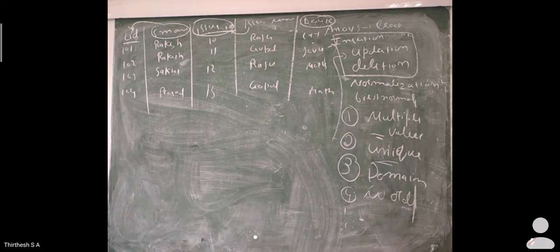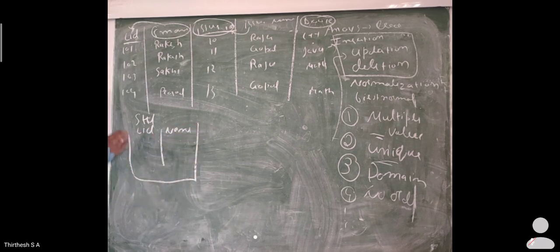When there is a non-partial attribute which is not a part of any of the keys, you should remove it and put it in a different table. So now student has LID and name as a separate table.